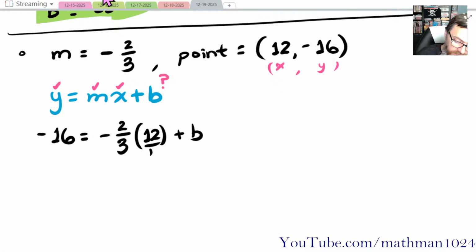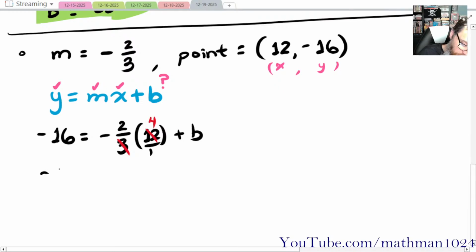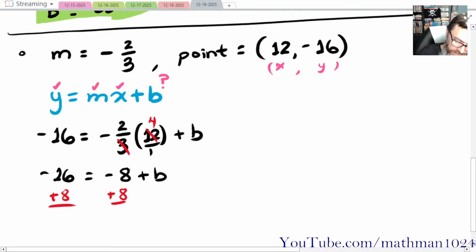We can reduce this because 3 goes into 12 4 times. And this gives us the equation negative 16 equals negative 8 plus b. Solve for b by adding 8 to both sides, and we end up with b equals negative 8.